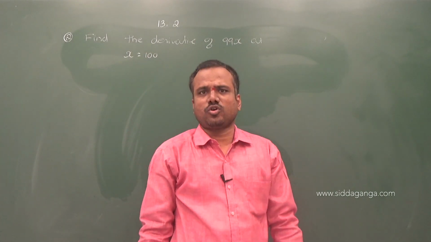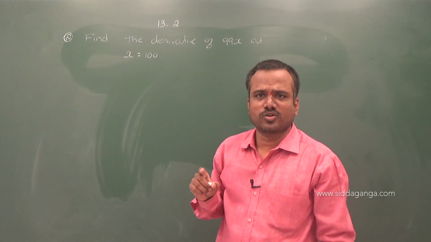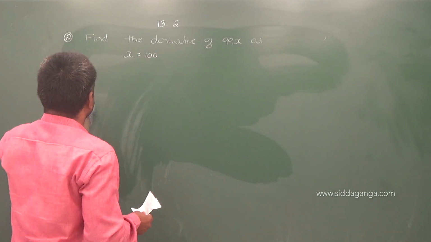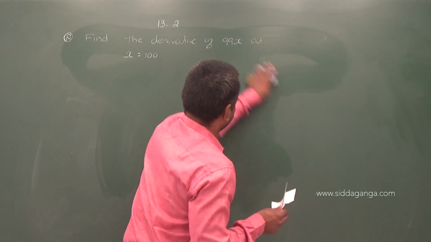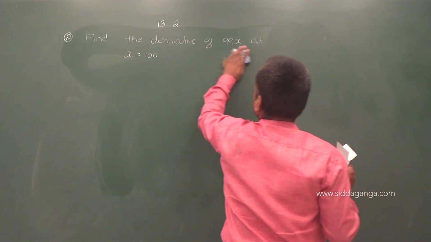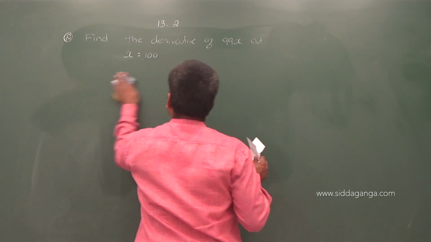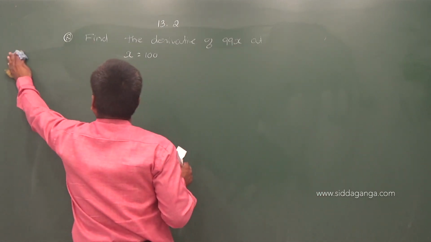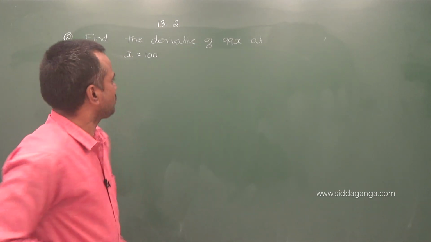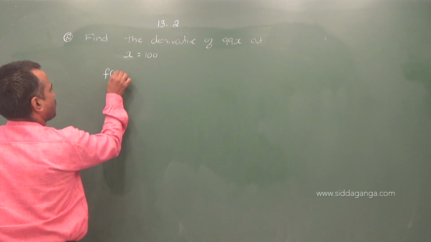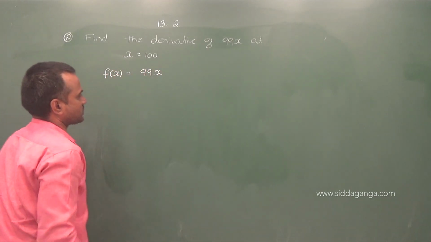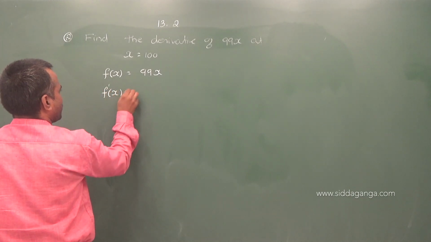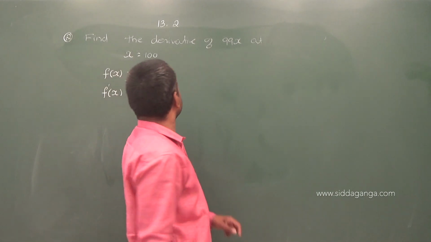So for that, f of x is equal to 99x. So f dash of x is equal to what? 99. f dash of x is equal to 99.